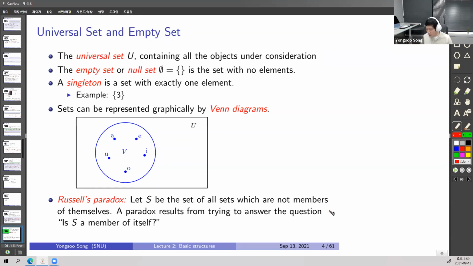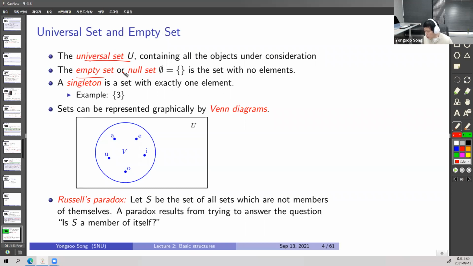Similarly here, the universal set plays a very similar role in set theory. This universal set contains the objects under our consideration. We sometimes define the universal set explicitly, or we sometimes implicitly use some set depending on the context of our argument. So it's sometimes formally defined or not.